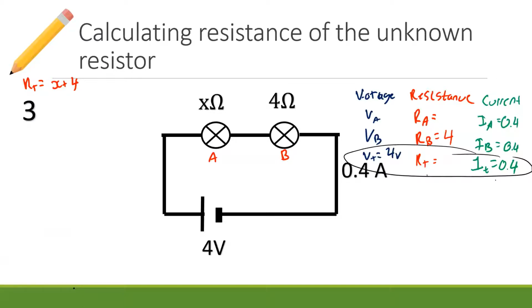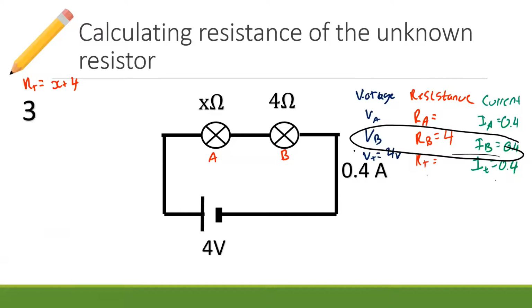Because we know 2 of the 3, we could work out the total resistance. We also could do this: because we know the total current and we know the total resistance, we could work out the voltage drop over the resistor B.